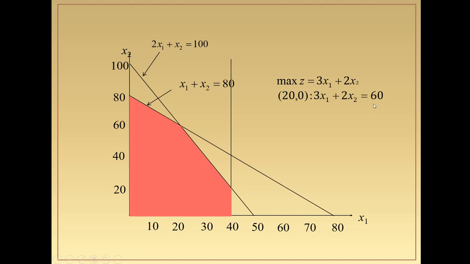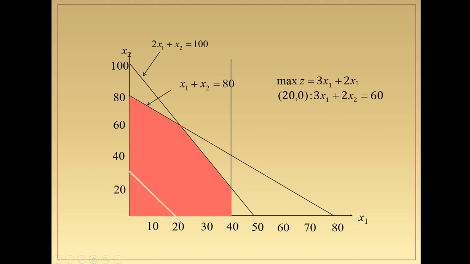Very easy. 60 divided by 3 is 20, then we get X1 intercept. And then 60 divided by 2, we get 30, then we get X2 intercept. Okay. Then kita boleh lukis dia punya objective line.